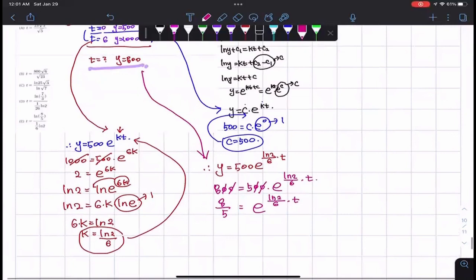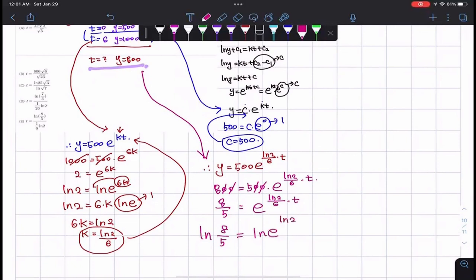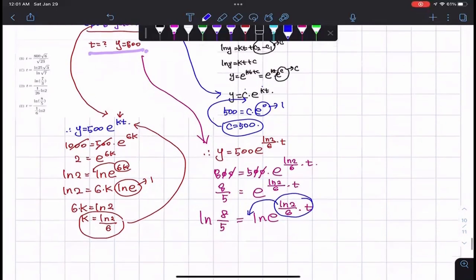To find t, apply ln on both sides. Bring down the exponent by using the ln property: ln 8 over 5 equals ln 2 over 6 times t times ln e.